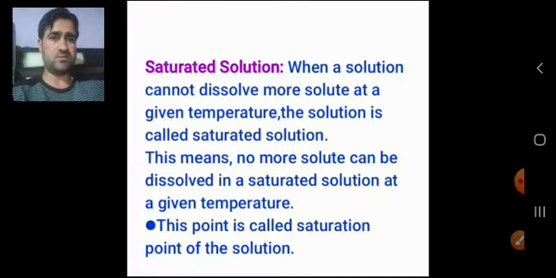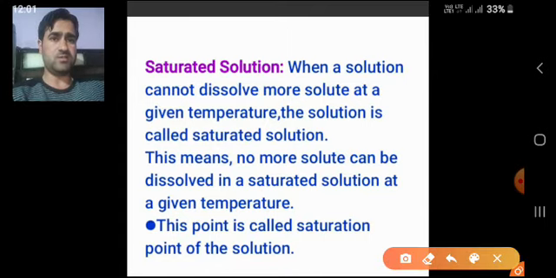So the first one is saturated solution. What is saturated solution? Simply defining, when a solution cannot dissolve more solute at a given temperature. For example, if we have a solution of sugar in water, say roughly at 20 degree centigrade, we can dissolve 204 grams of sugar in 100 ml water.